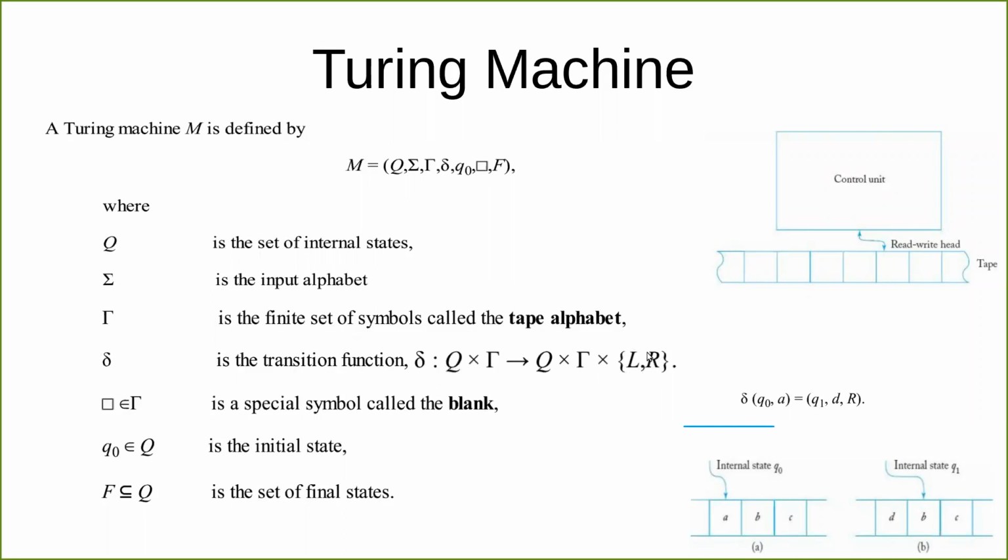here the read-write tape, the head. In finite automata or in push-down automata, this head is a read-only head. For finite automata, there is no write facility, but for push-down automata, there is a write facility, but not on this tape.